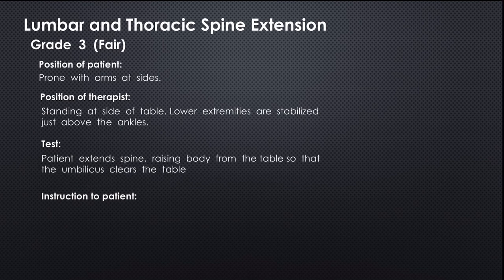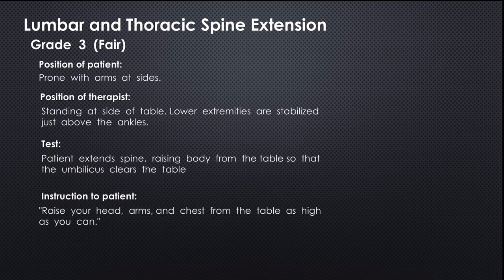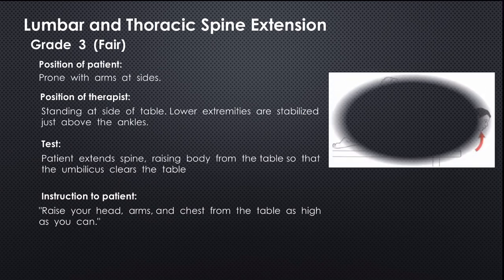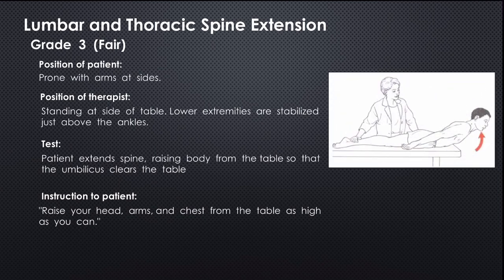The patient extends the spine, raising the body from the table so that the umbilicus clears the table. Then your instruction would be: raise your head, arms, and chest from the table as high as you can. So it's like this. Earlier your hands were clasped at the back of your head, but this time around they're already at the sides. This is to lessen the resistance on your upper region, or in the cervical region.